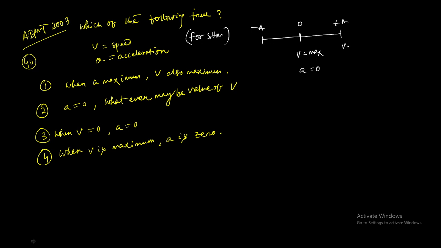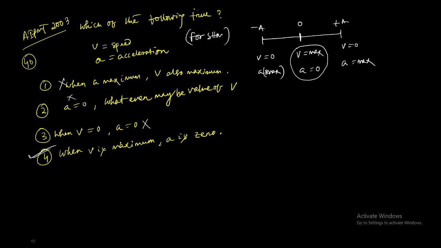And here V will be 0, A will be maximum. And here V will be 0, A will be maximum. Now we can check here. When A is maximum, V also maximum, this is not possible. A equal to 0 means V should be maximum. When V equal to 0, A equal to 0, this is not possible. When V is maximum, A is 0. This is your mean position.